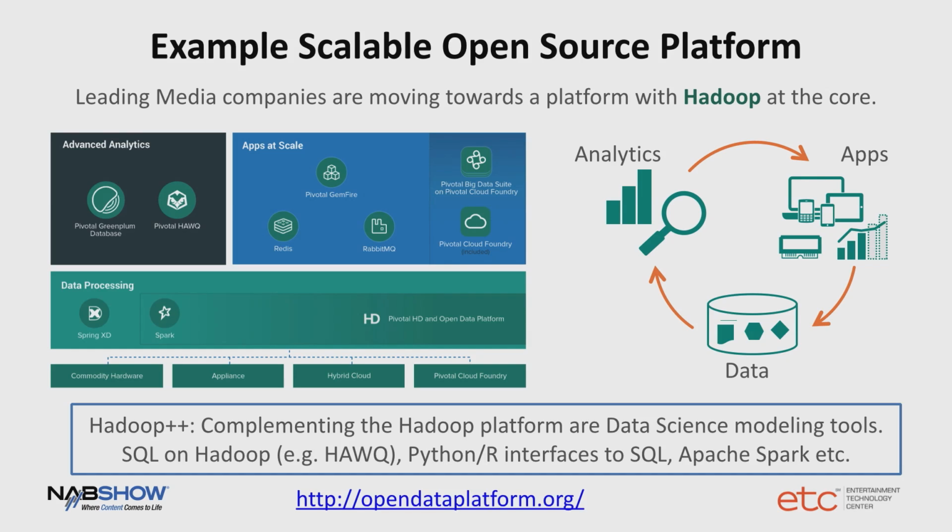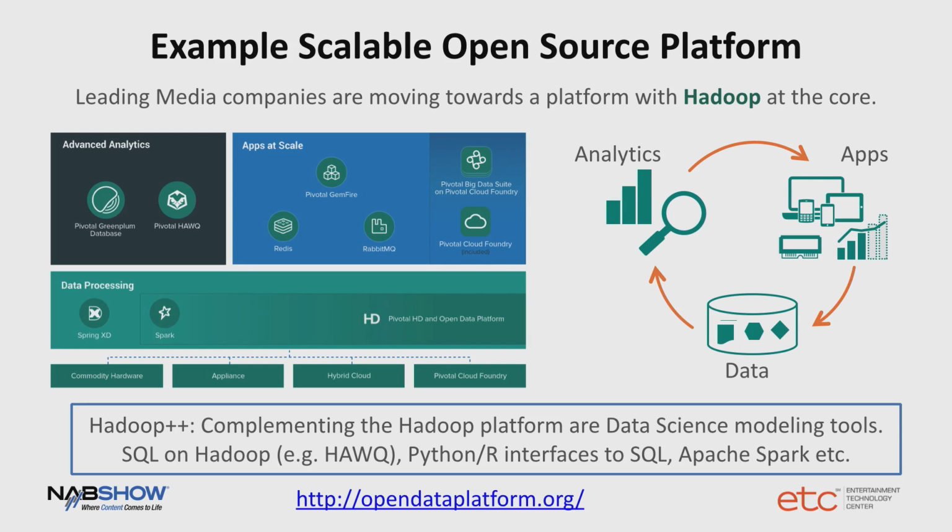And the platform that we've encountered a lot and make use of a lot for many of our media use cases for data science is Hadoop. So Hadoop forms the data layer of this open source scalable platform because it's built to run on commodity hardware. It helps you focus on the problem rather than worrying about stability of the platform, scalability, and so on.